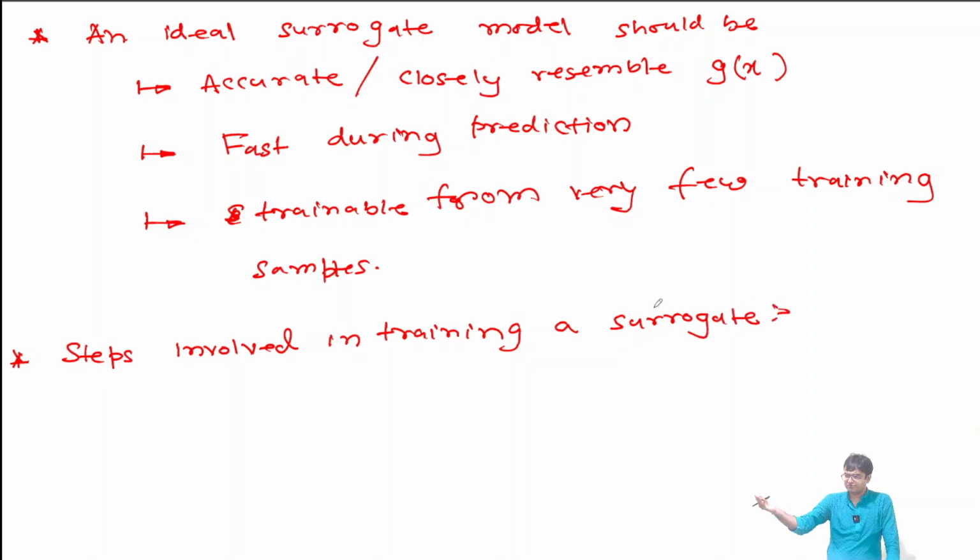What do you think is the first stage? Step. I am not writing an algorithm, just steps. What is the first step? Generating training samples. How will you generate training samples? By running simulation. But before running simulation, you need to generate samples of your input. So the first step is generating samples for x, which is my input.